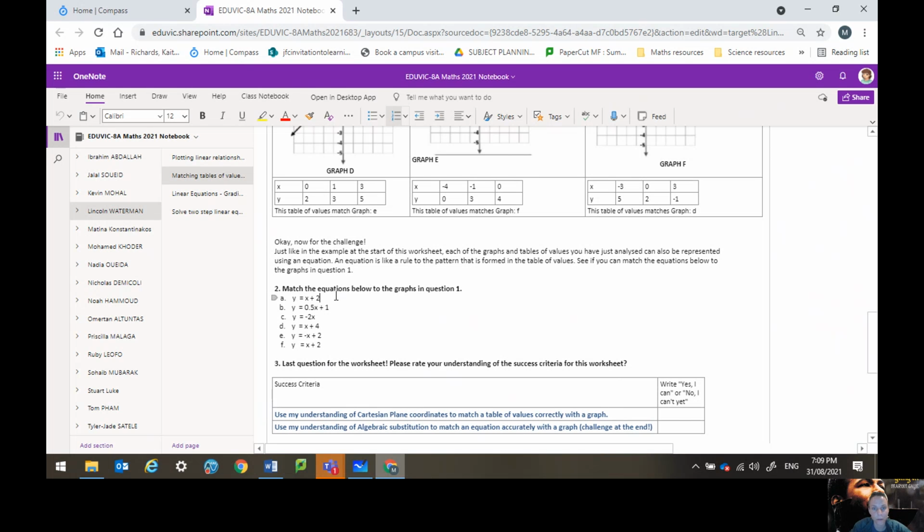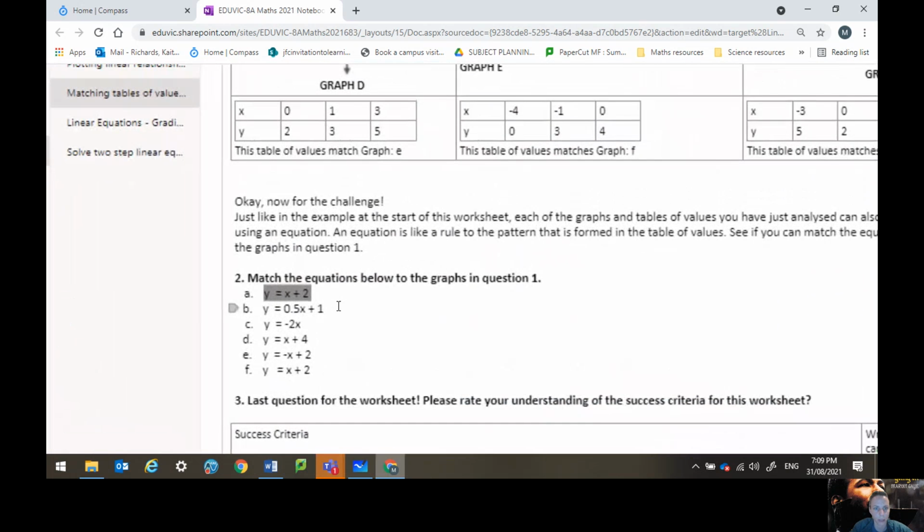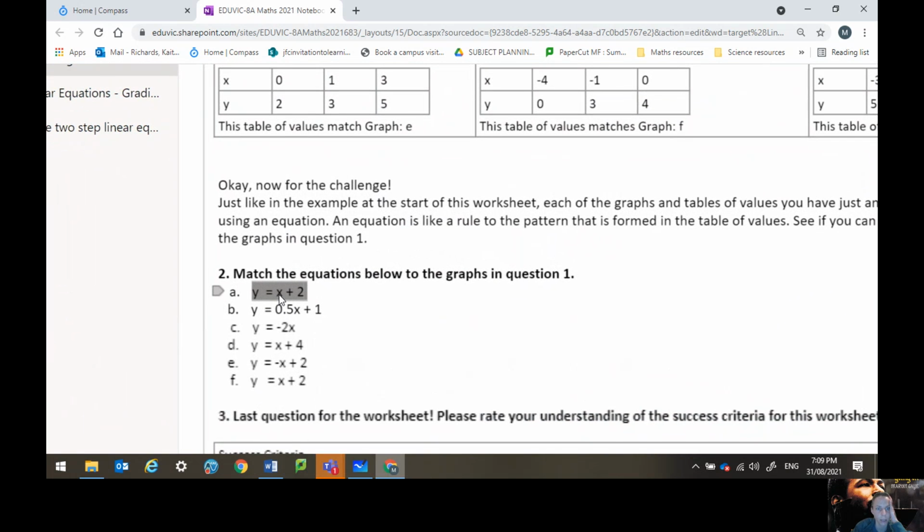So for the first one, I'll do the first one for you. I'm going to think about if I just make up that x is 0 for this equation here, and I substitute 0 into that equation. Zoom in as well, that might help. I'm going to just pretend that x is 0.